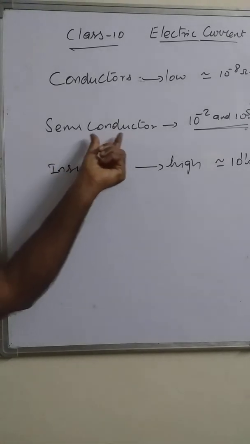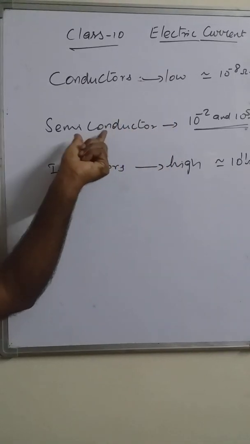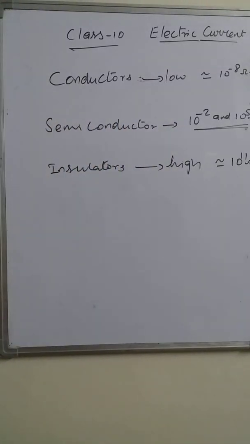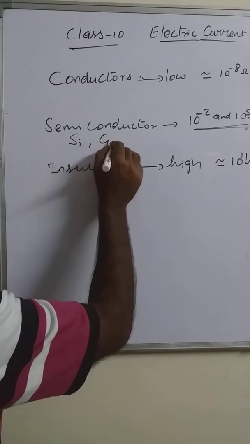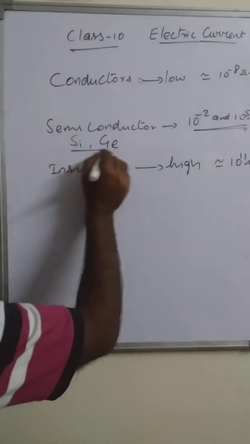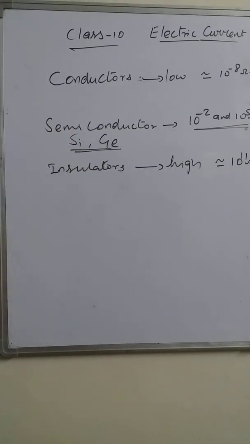So those materials having resistivity in between these two, we call them semiconductors. For semiconductors, we have the examples silicon and germanium. We mostly use these two elements as semiconductors, right? This is the classification of the materials in terms of resistivity.